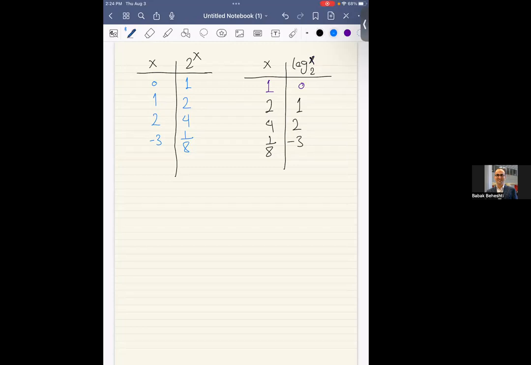So in general, we say that logarithm of b with base 2 equals a if and only if, and when I write if with a double f, it means if and only if, 2 to the power a equals b.